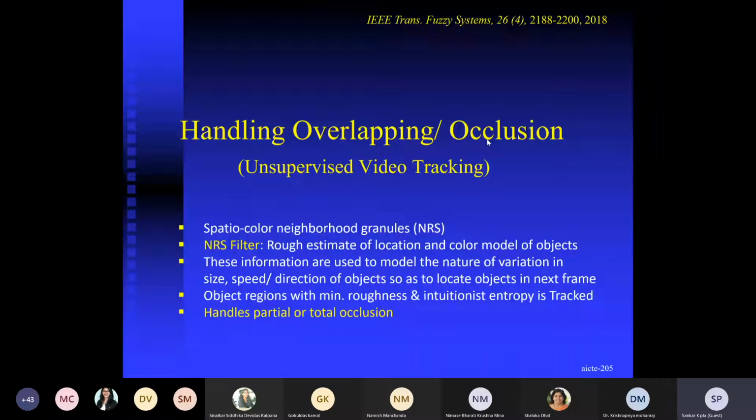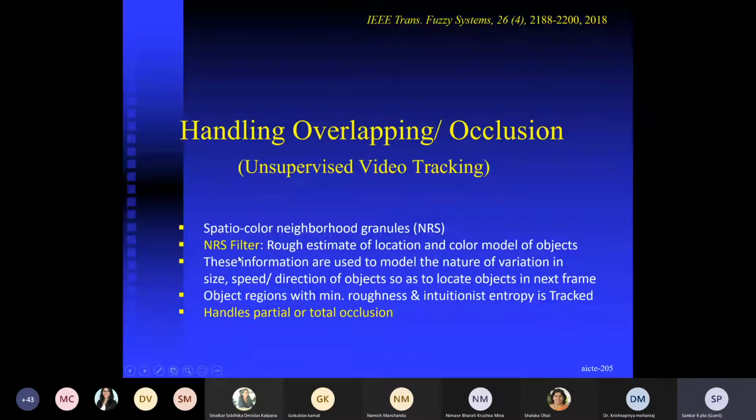So here again we will consider the spatio-color neighborhood granules. That means given an image, I consider the granules in terms of spatial similarity and color similarity. Then for a sequence of frames, I compute a neighborhood rough filter. This is a new concept. What is the output?